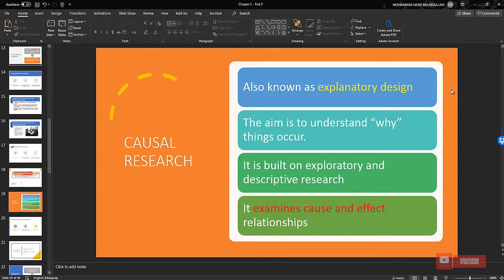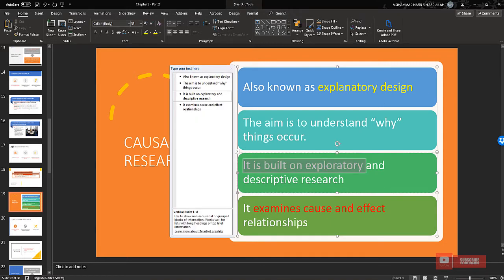Let's say in a descriptive research design, we know that A is having a relationship with B. To know why A is having a relationship with B, that is causal research. So it is built on exploratory and descriptive research, right?